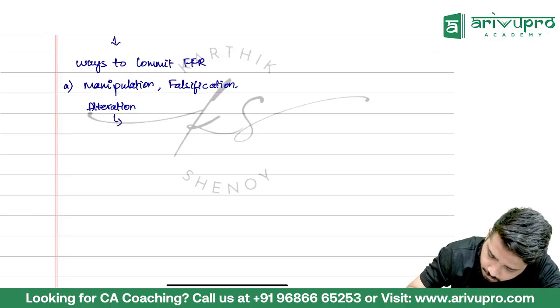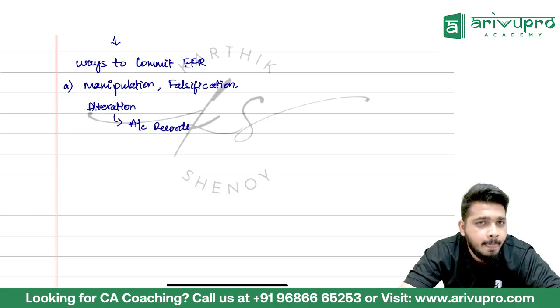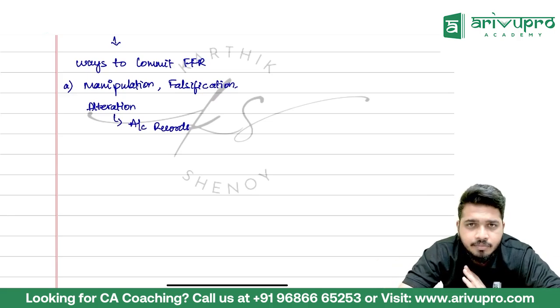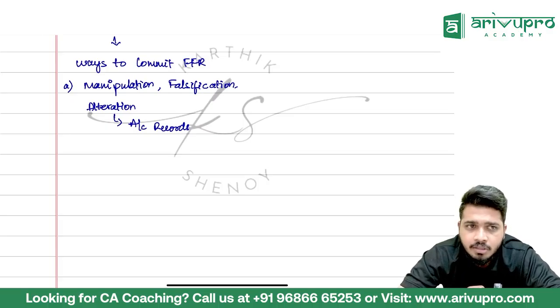Clear? Of what? Accounting records. What do you mean by manipulation? Falsification, very clear. You are lying. This could be omission, this could be commission, whatever it is. What does manipulation mean? Showing something and doing something. That is called manipulation. Clear?